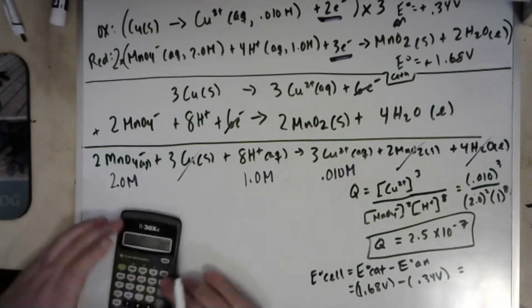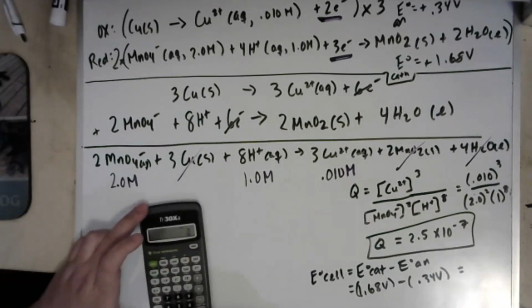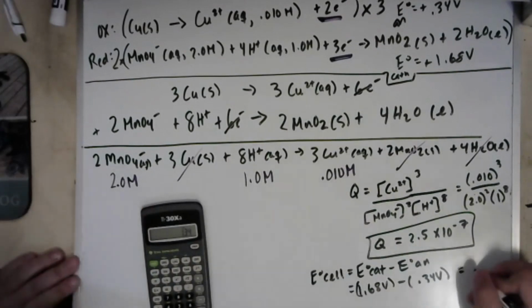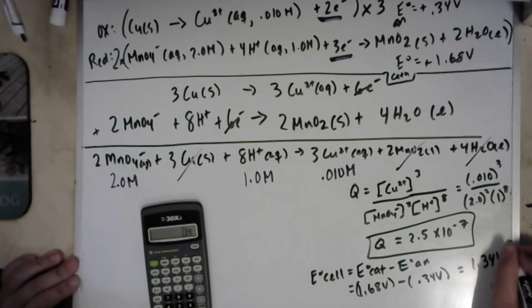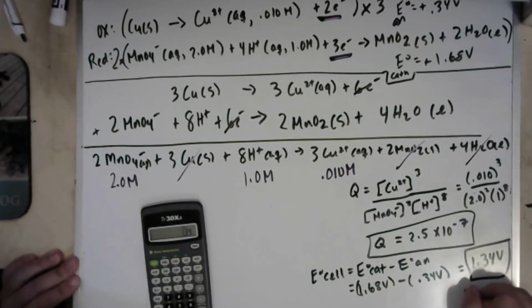It's going to equal 1.68 minus 0.34, which equals 1.34 volts. So this is going to be our E cell value.